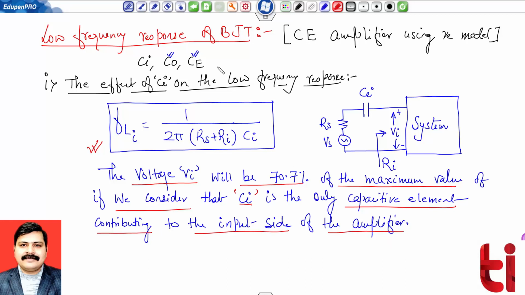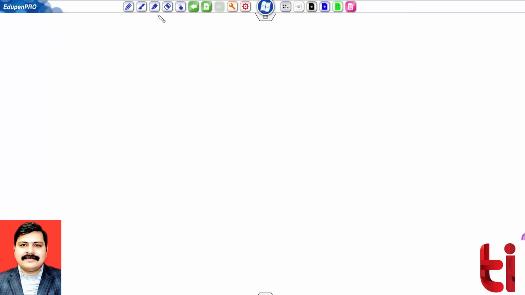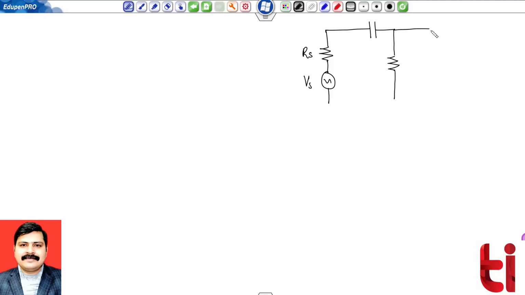By considering this situation, we can now prepare a localized input network: a practical voltage source and the input capacitance. Now, considering the same amplifier circuit, we have taken the voltage divider bias common emitter amplifier circuit.